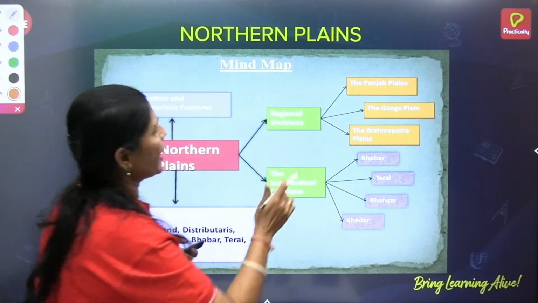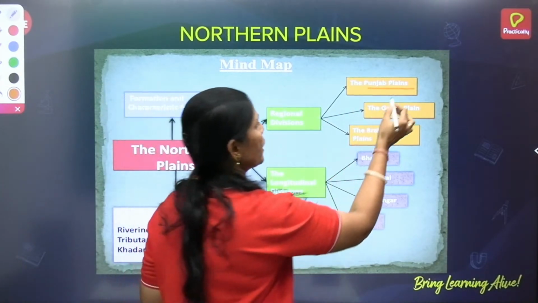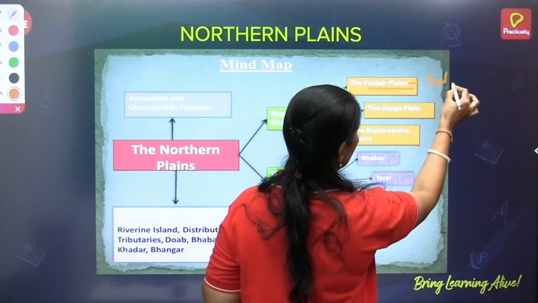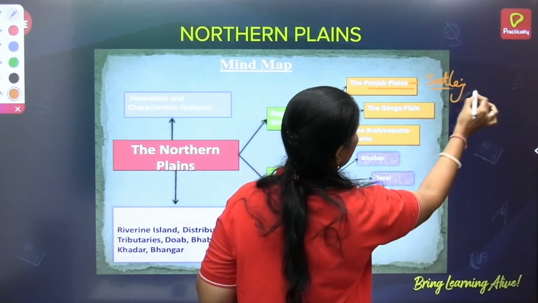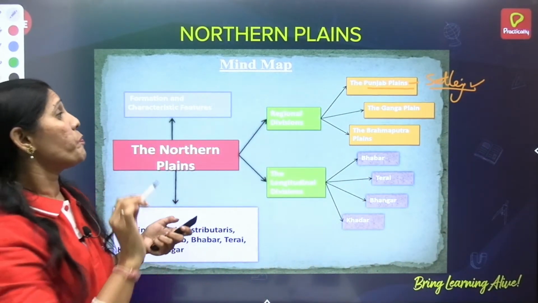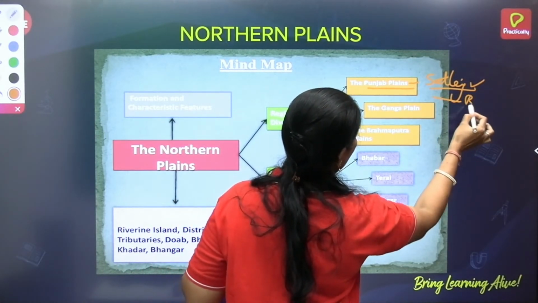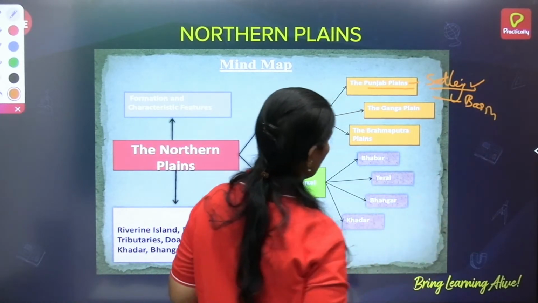The Punjab plain is the plain fed by the river Satluj. Based on the river draining, the Satluj and its tributaries feeding this place, we call it the Punjab plain.